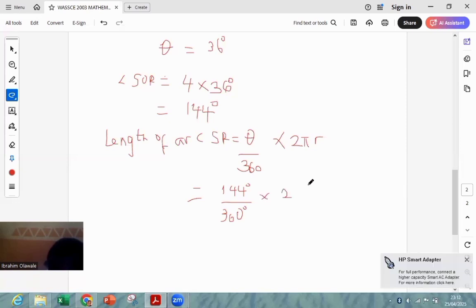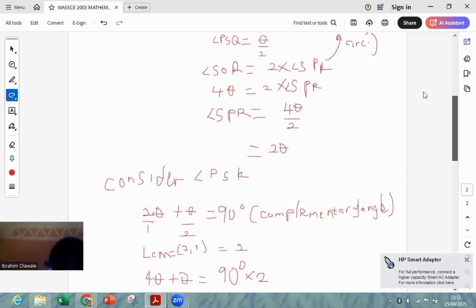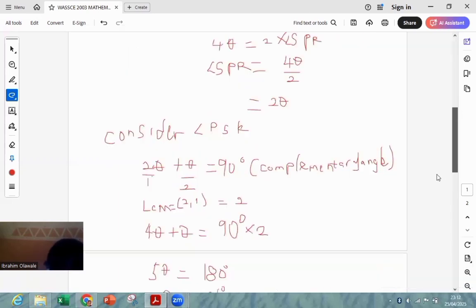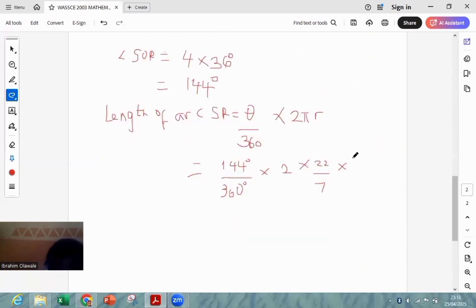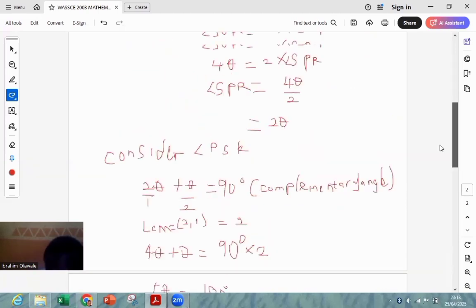We are asked to use pi to be 22/7, and our radius from the question is given as 7 centimeters. So I'll multiply this by 7. So simplifying this, we are going to have the length of arc SR to be 17.6 centimeters.